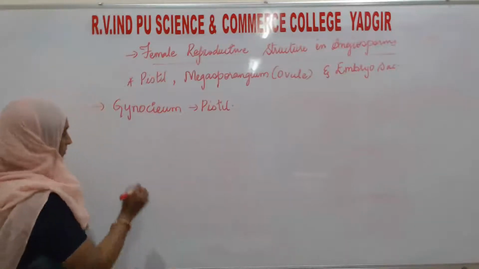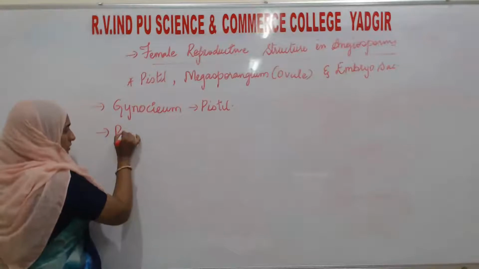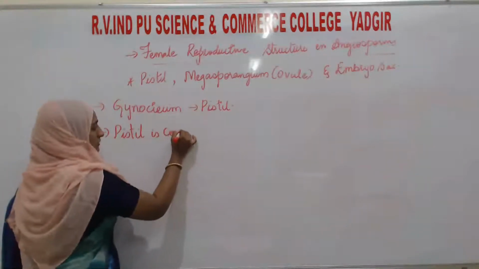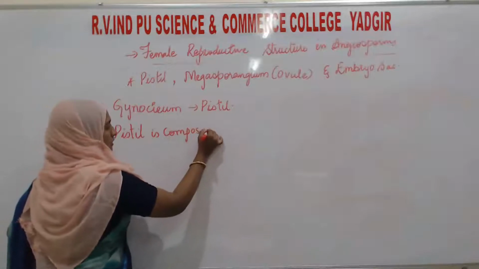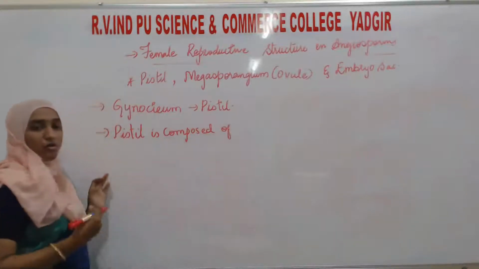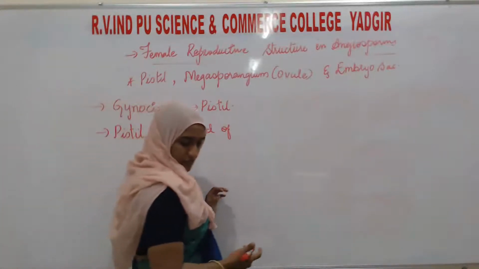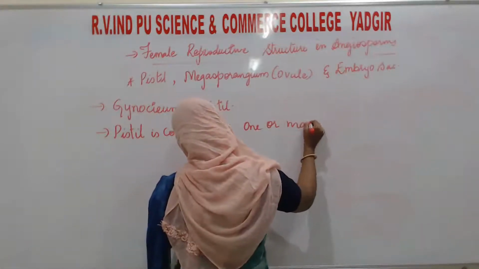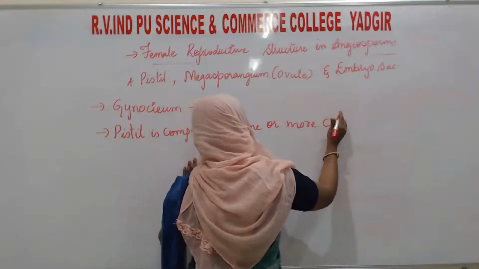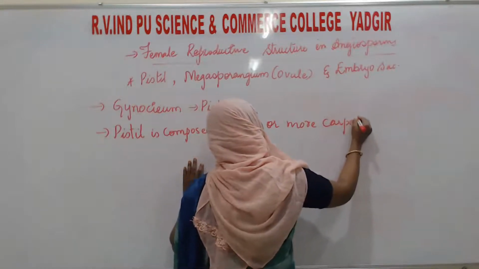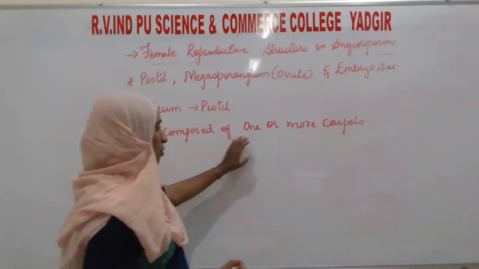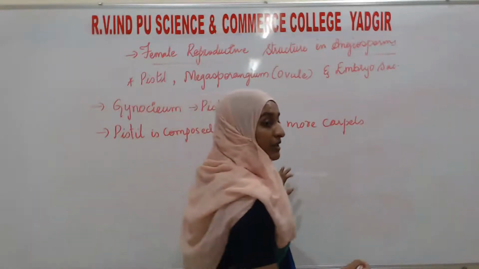A pistil is composed of one or more carpels.